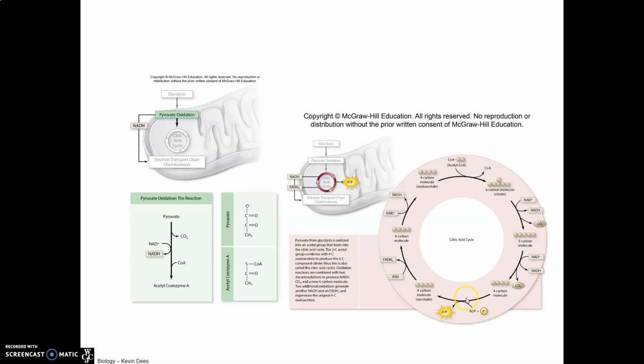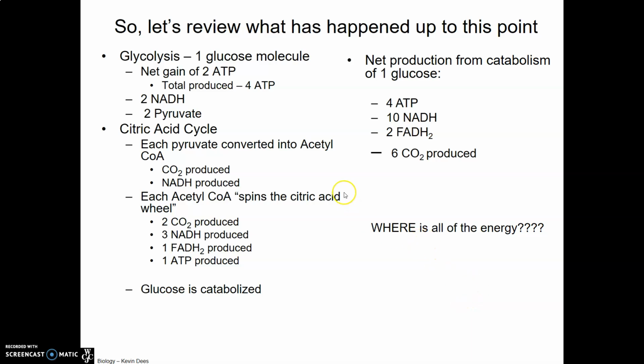Now, let's kind of review what's happened up until this point. Again, this is a good slide for you to refer back to, right? So here we have glycolysis out in the cytoplasm. We take one molecule of glucose, we end up with a net gain of 2 ATPs, 2 NADHs, and 2 of our 3-carbon pyruvates.